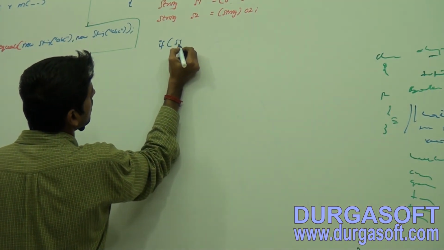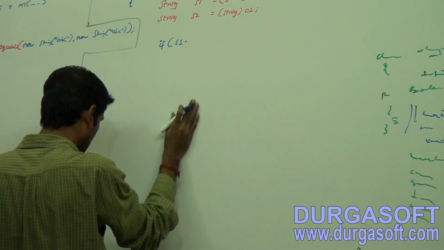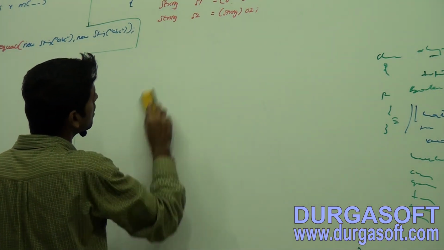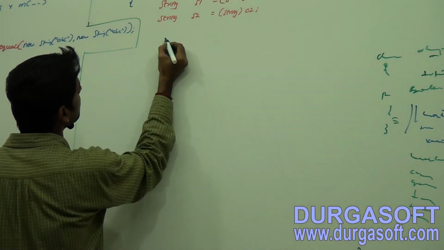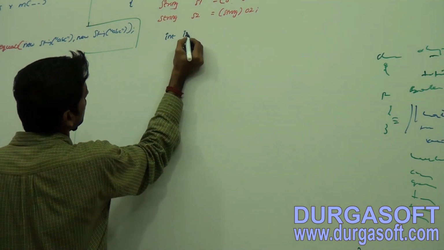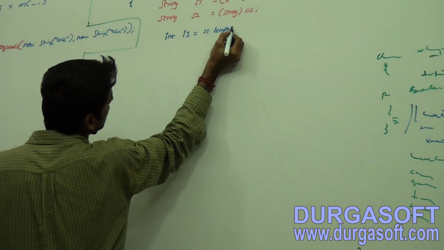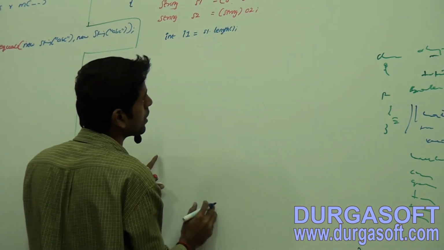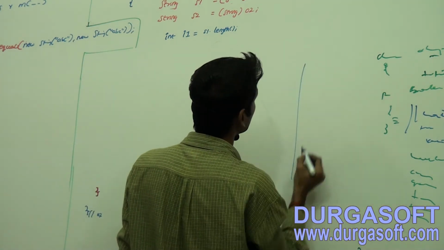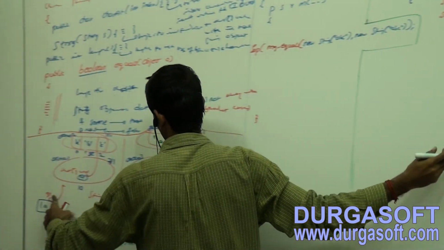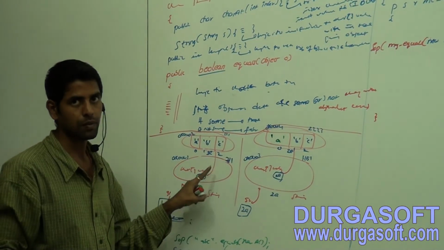Now observe here. Let me copy the s1 string's number of elements into the i1 variable. At memory, what is the i1 value now? s1.length, right?